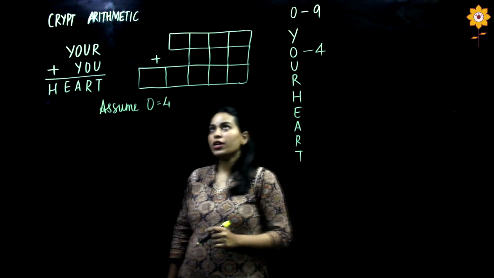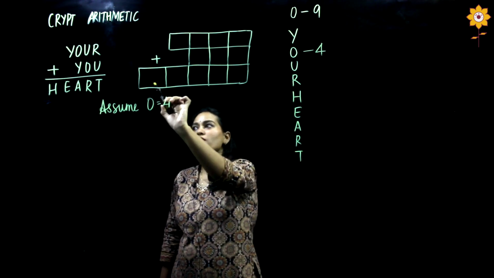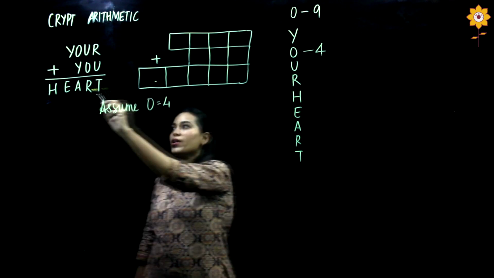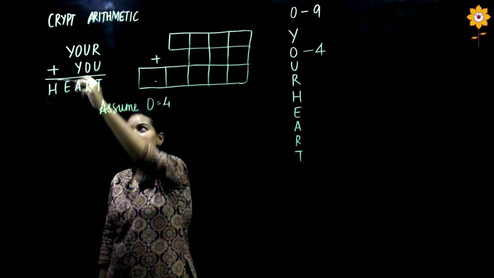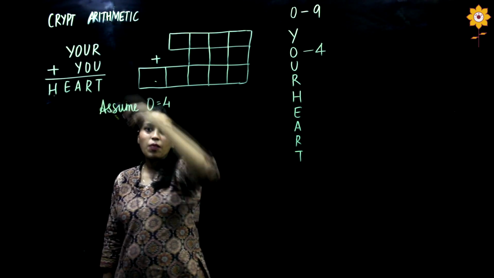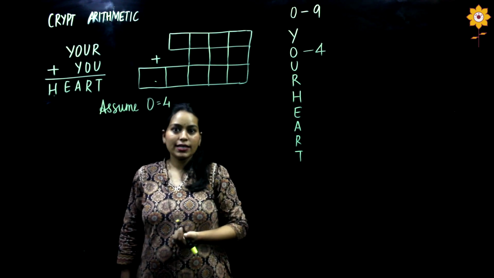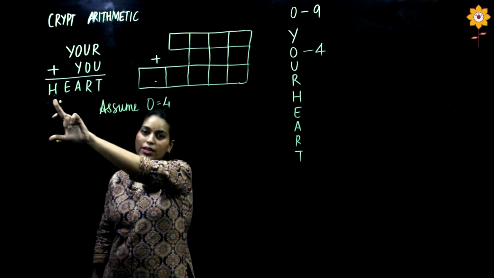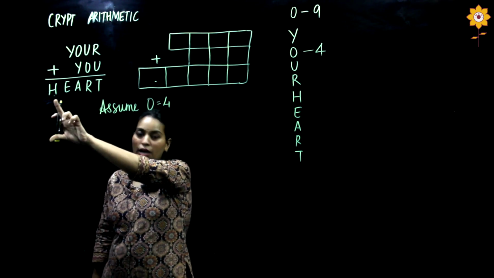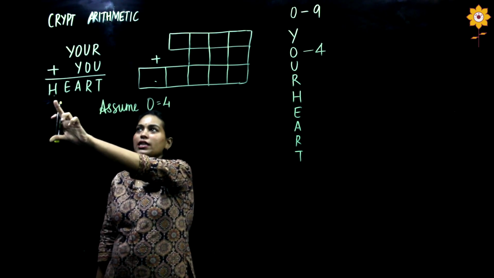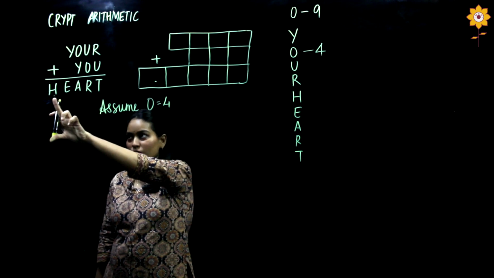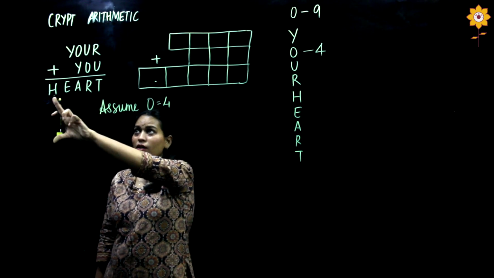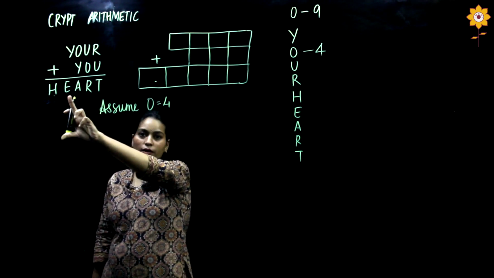Okay, so now here if you see, we have a position here which is for H, right? H does not have any alphabets above it which can be added, and then the addition of those 2 numbers will result in the value that H has, right? So definitely there's some value over here that is coming from this particular value.